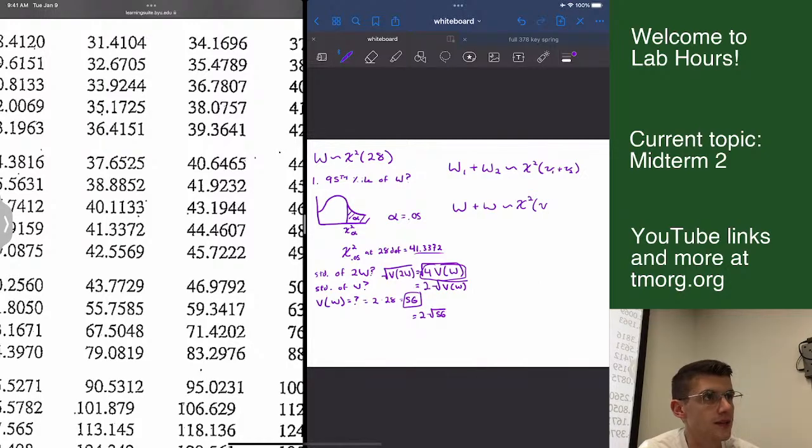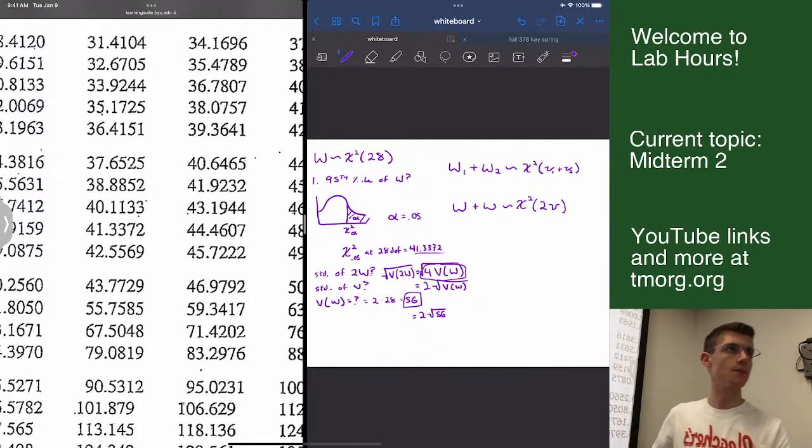Let me think about that really quick. So if the variance is 2 times, yeah. This is how I know this is the case. Okay. No, that doesn't make any sense. Hold on.